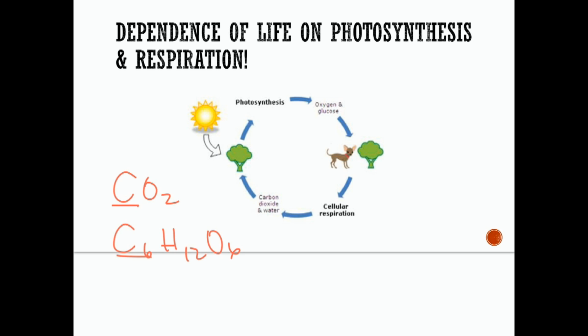While only plants and a few other organisms are able to perform photosynthesis, all organisms, including plants, use the sugars, the glucose, C6H12O6, formed during photosynthesis to perform cellular respiration.